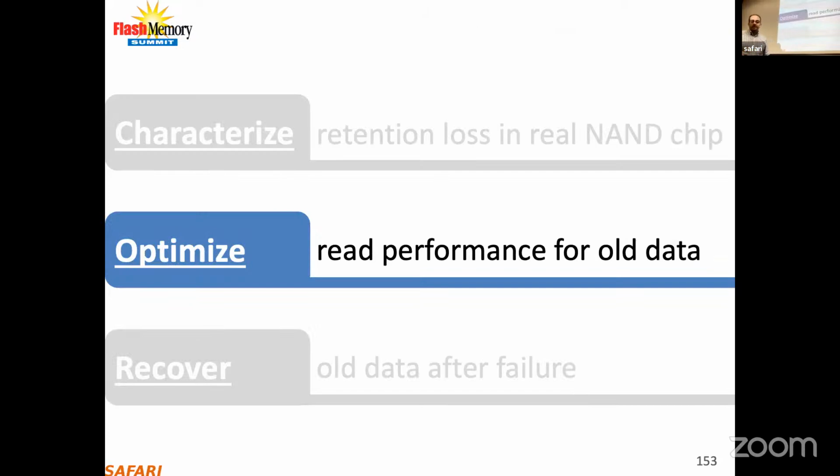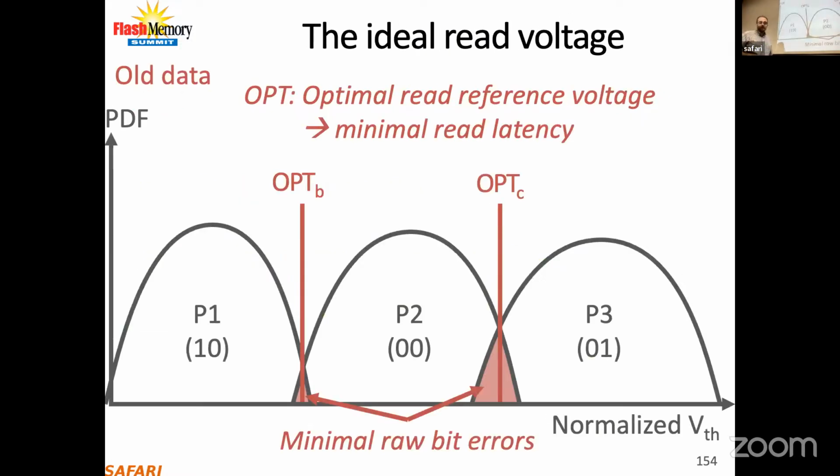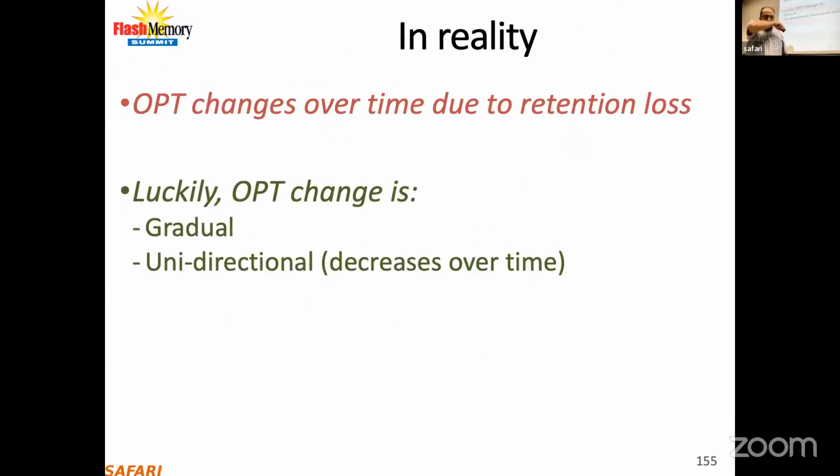So now how can we optimize it? We want to optimize the performance for old data. Basically, our solution is to find the optimal read reference voltage, predict it quickly, with minimal read latency, such that at least you can accelerate the read retry process, because you can read your flash with a reference voltage with which your ECC capability is probably enough to fix the errors.